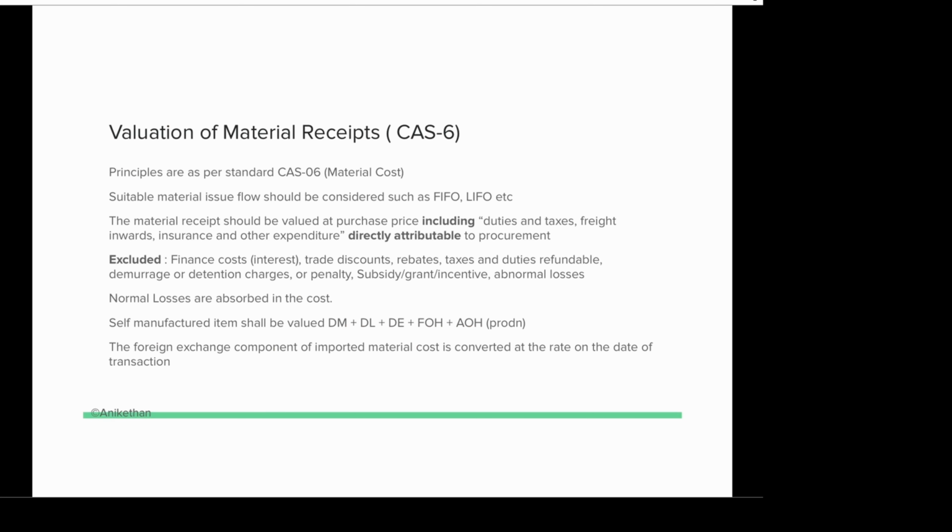In the valuation of material receipt, the principles are governed as per CAS 06, Cost Accounting Standard number 6, that is related to material cost. Next, you have to consider what methodology is used for material issue, whether it is first in, first out, or last in, first out.